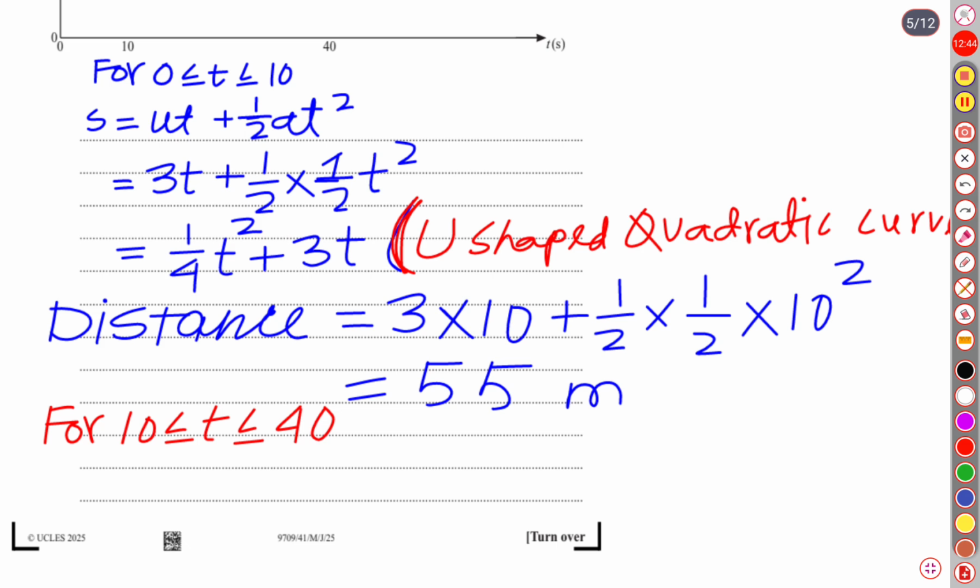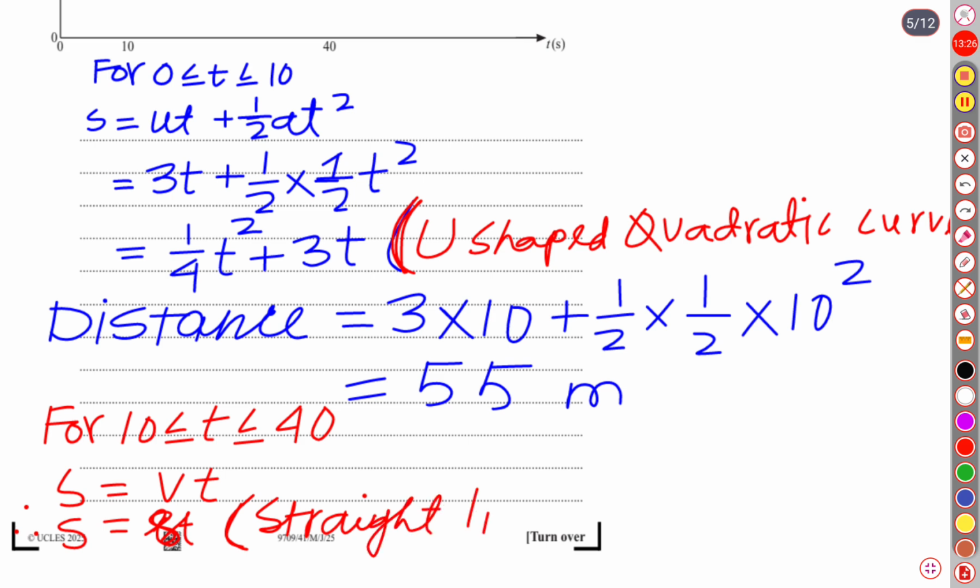First of all, we form the expression s equals vt, because there was a constant velocity and v was 8. What does it mean? It is simply a straight line. As there is no constant term, it will also pass through the origin. So it is a straight line.